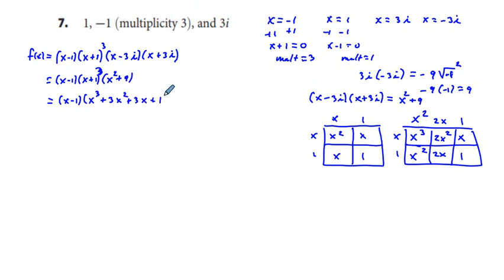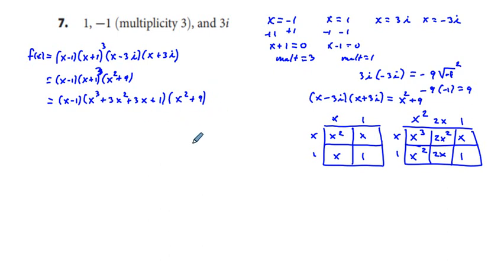Remember I was telling you about 1, 3, 3, 1? And then we're going to have this x squared plus 9. Okay, so now I'm going to multiply these last two together, which is going to be a 4 by 2.